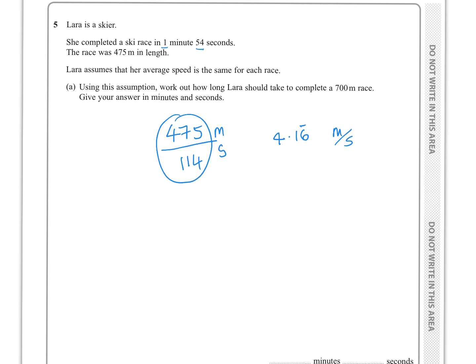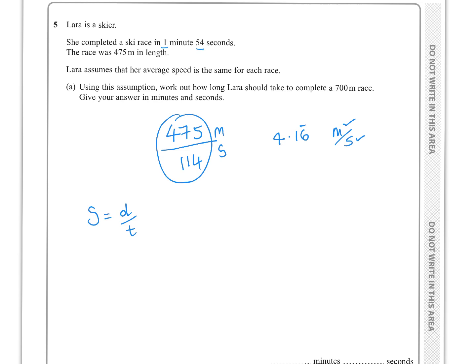Lara assumes that her average speed is the same for each race. Using this assumption, work out how long Lara should take to complete a 700 metre race. Well, speed is distance per time, just like we have here, distance and time.